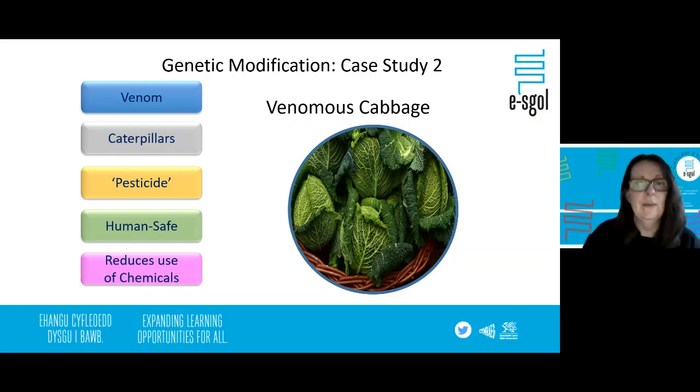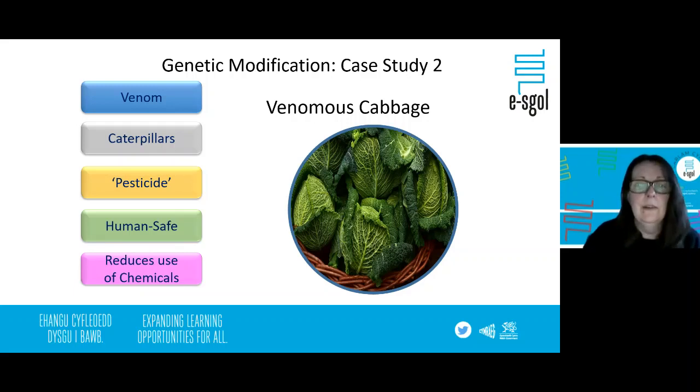So the venomous cabbage has been genetically modified to include venom in its genes from the poison of another organism. It is poisonous to caterpillars, and that means that when a caterpillar eats or tries to eat the cabbage, it won't survive.